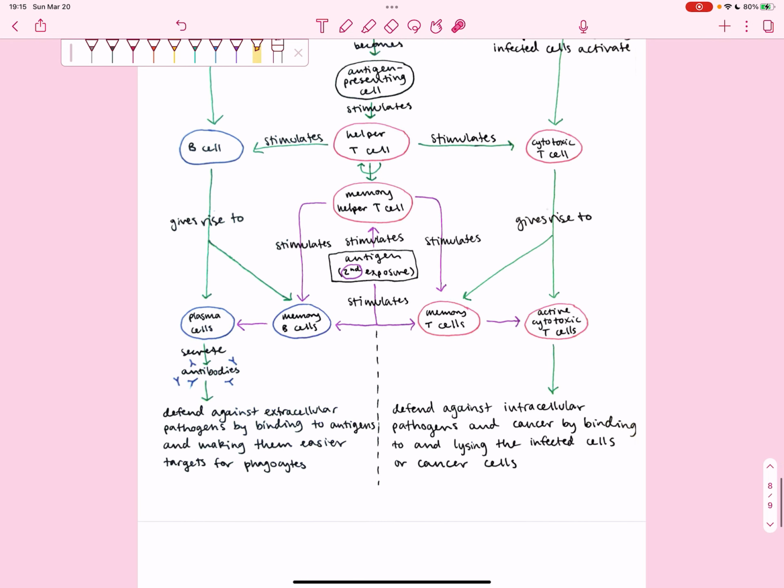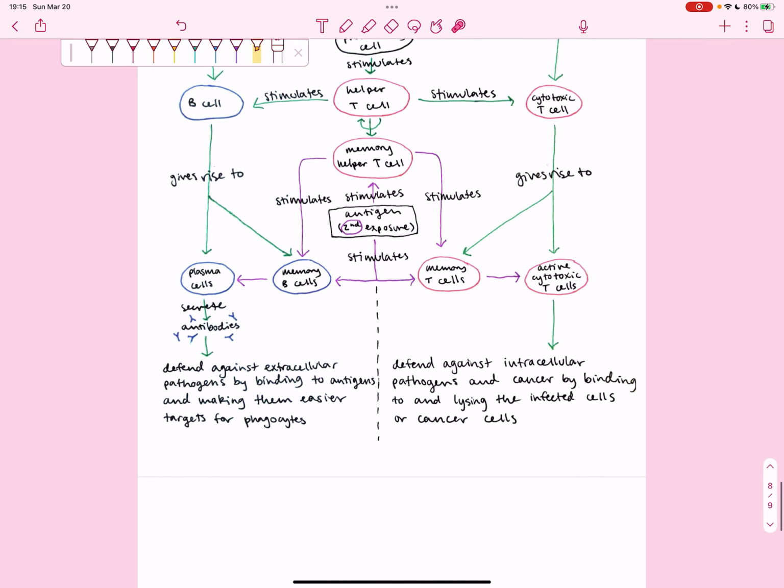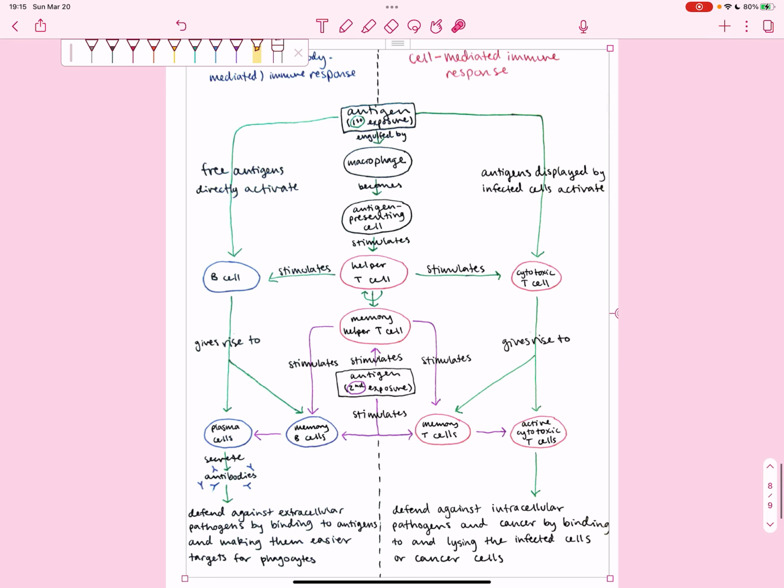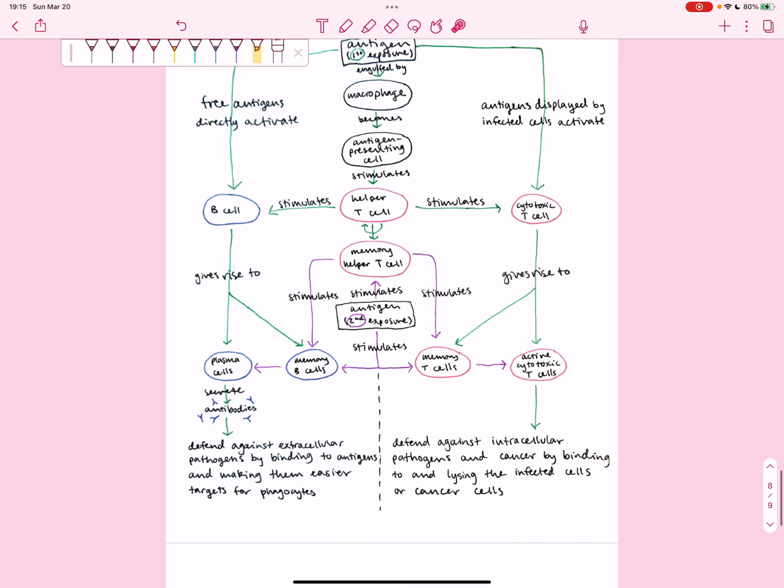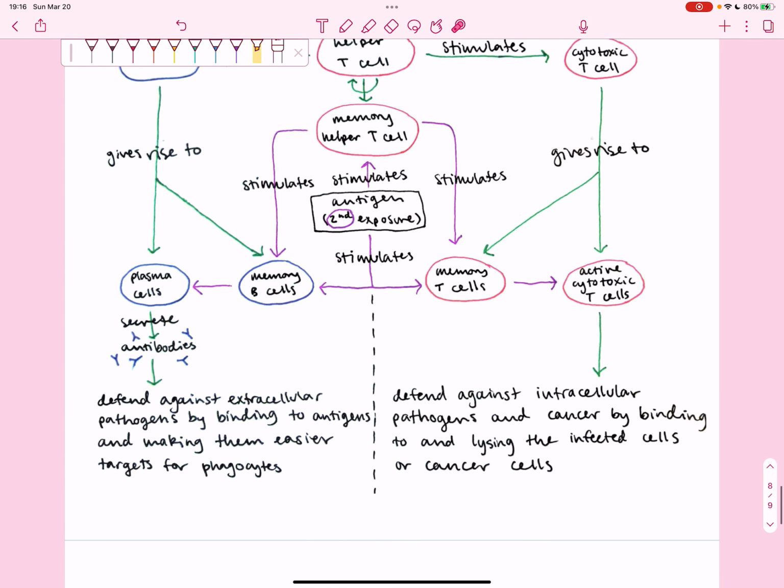So with the humoral immune response, their main job is to defend against extracellular pathogens by binding to antigens and making them easier targets for phagocytes.